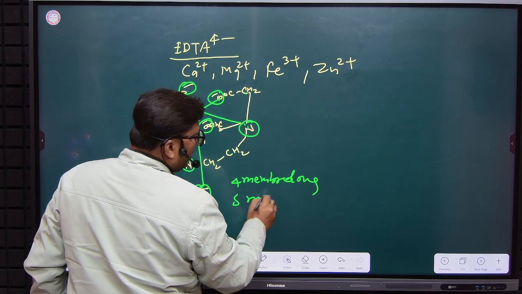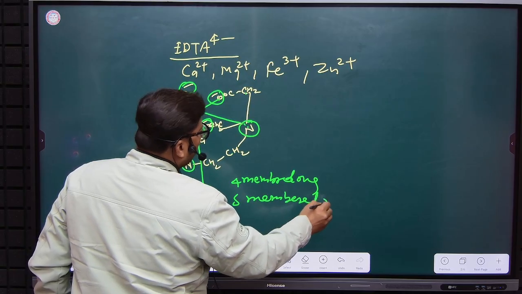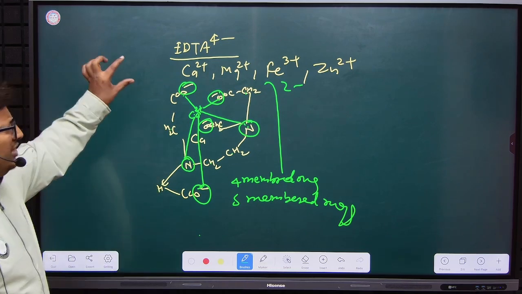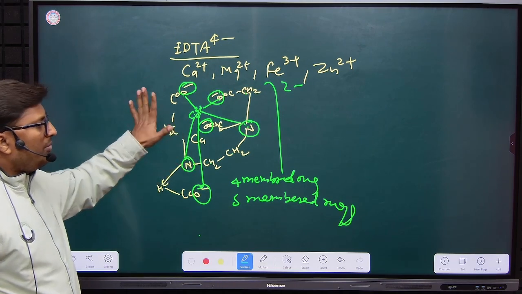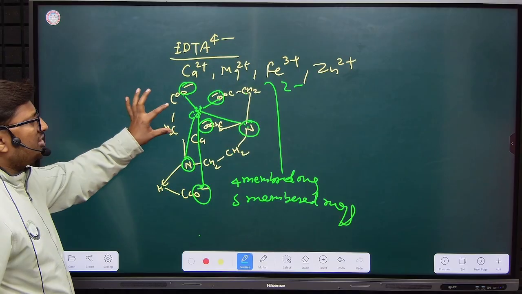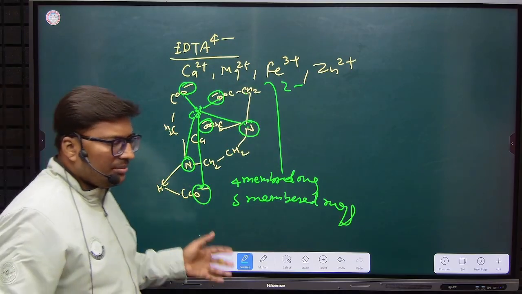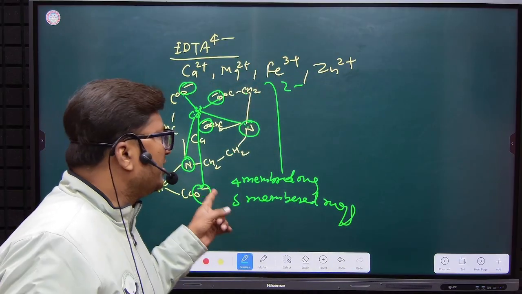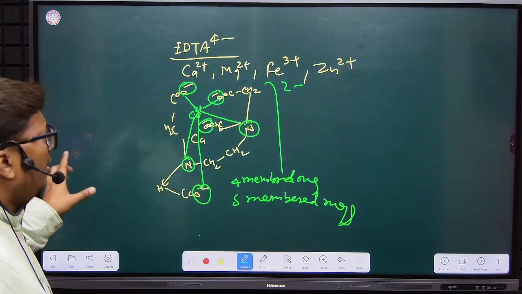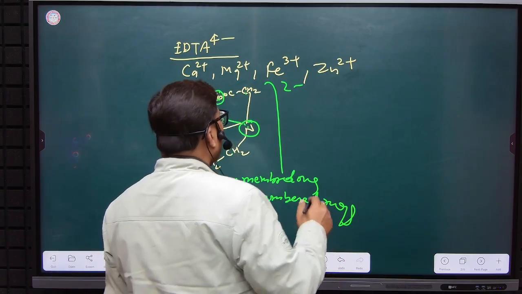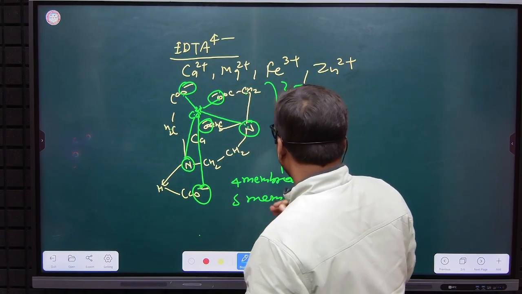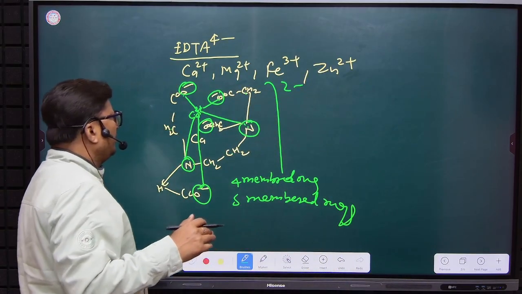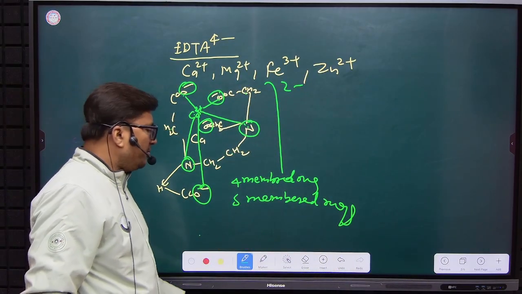So this EDTA 4 minus forms 4-membered and 5-membered ring structures around this calcium 2 plus. Because of the formation of ring structures of different sizes, it has large thermodynamic stability. Okay, so all chelates are stable, and they are used in various applications.